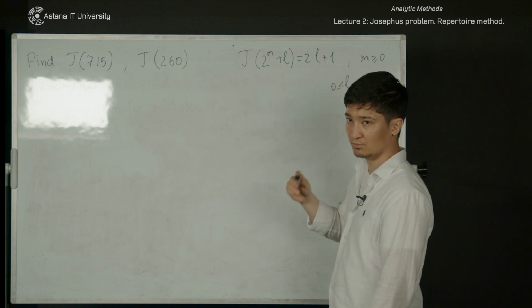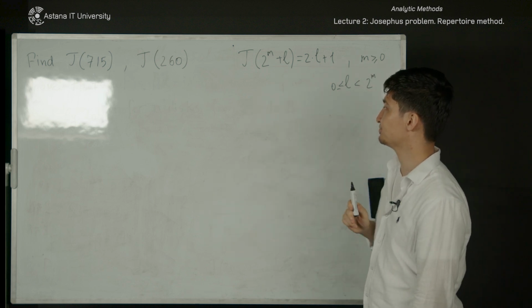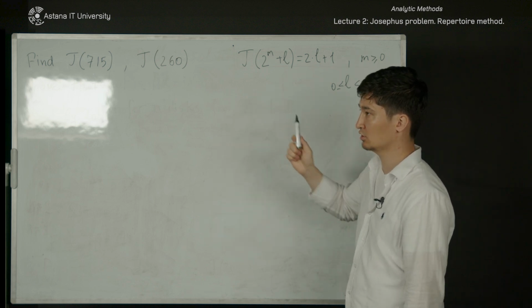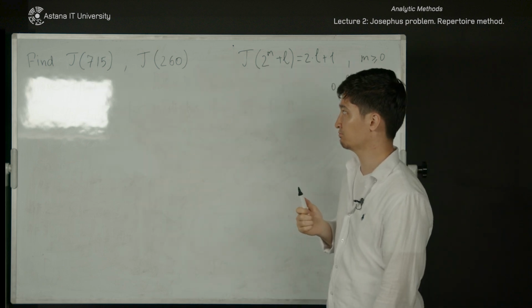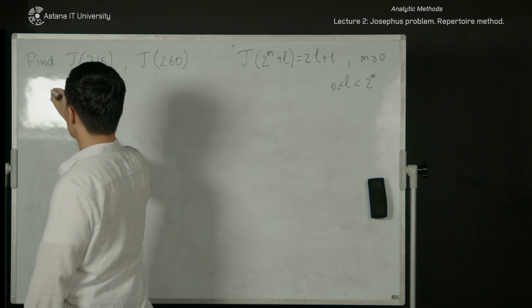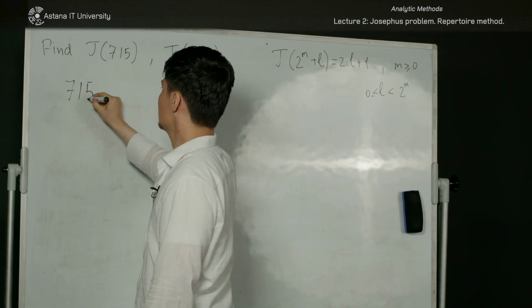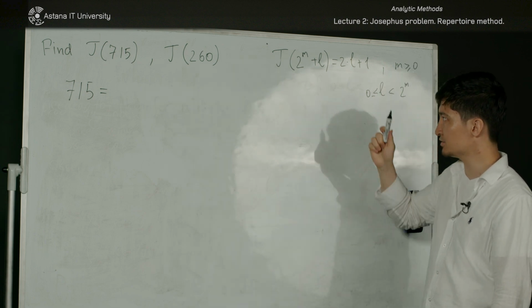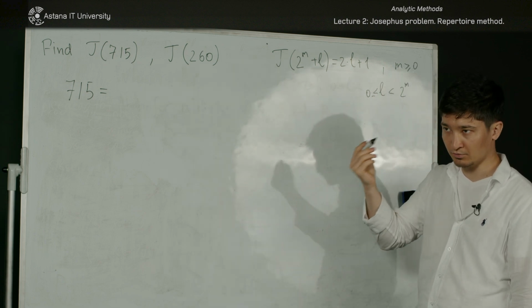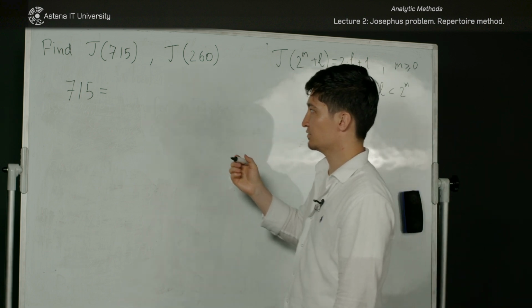For that, we need to look for the highest power of 2 which gives us the closest number to 715. So in this case, the closest power of 2 is 9.